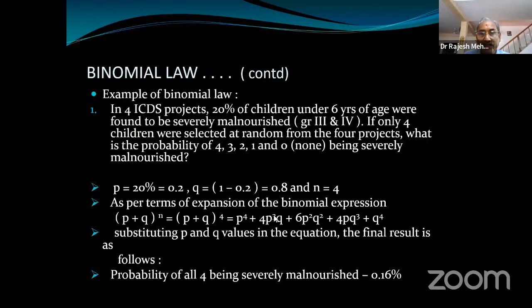Similarly, if you want to calculate how many times three are severely malnourished and one is not, in this case it is 0.2 to the power 3 multiplied by 0.8, multiplied by 4, and that you will get as the event frequency.